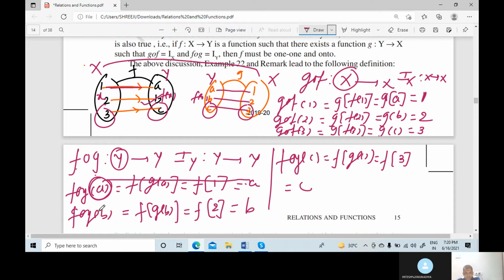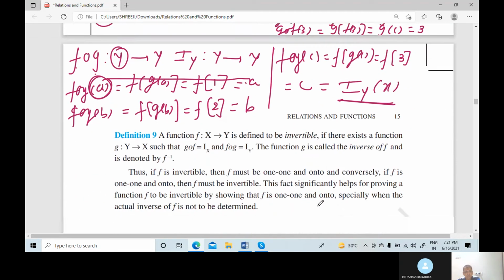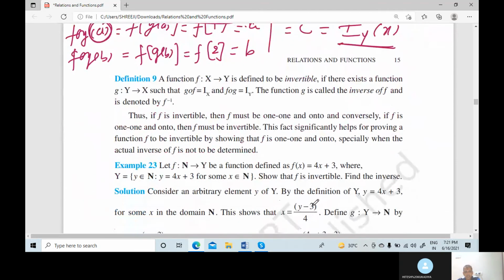So here we take different values and different answers. So we can put the domain of Y as ABC and the range is again ABC. Is that clear? So it is called the identity function IY. Okay, look here, FOG equal to IY we have proved. Okay, student, now continue.